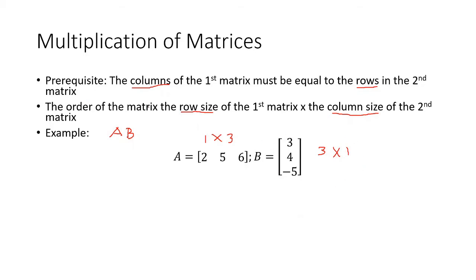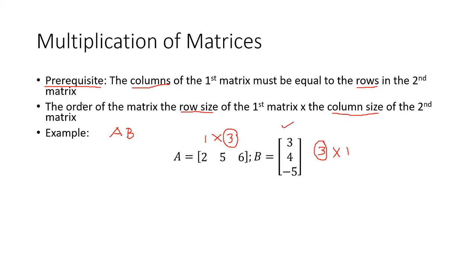Now, we must read the prerequisite again. So the columns of the first matrix must be equal to the rows of the second matrix in order for us to multiply these two matrices. So the column of the first matrix is 3, and then the rows in the second matrix is also 3. So therefore, we can multiply A by B.